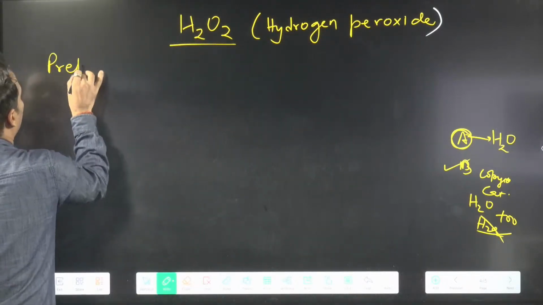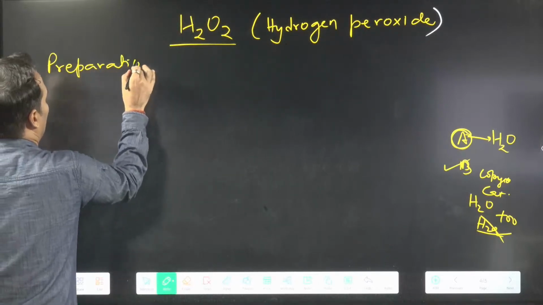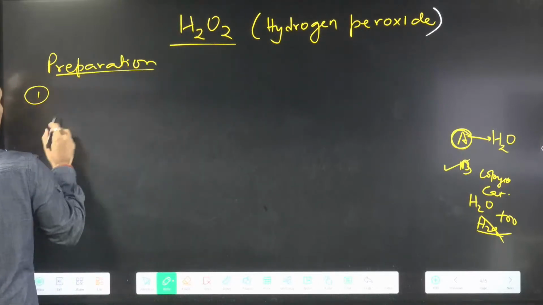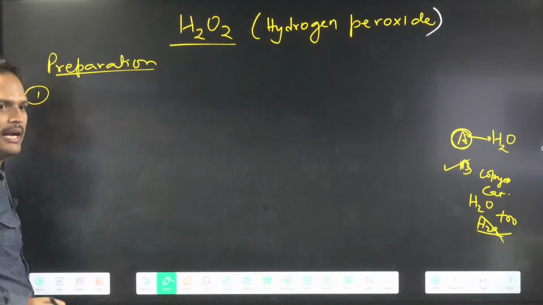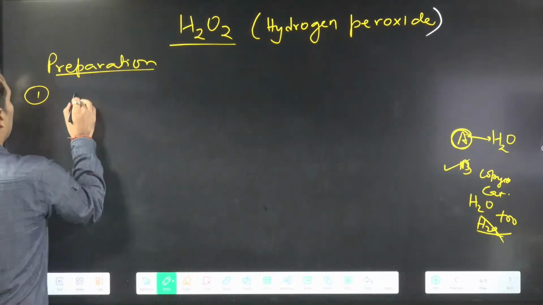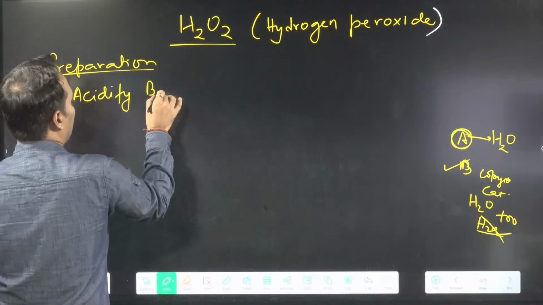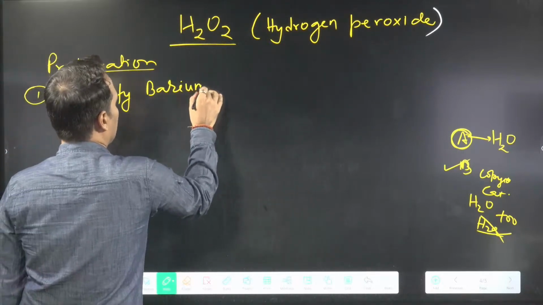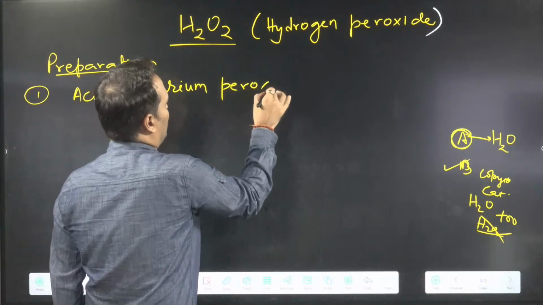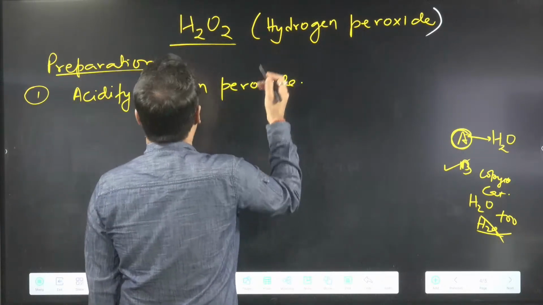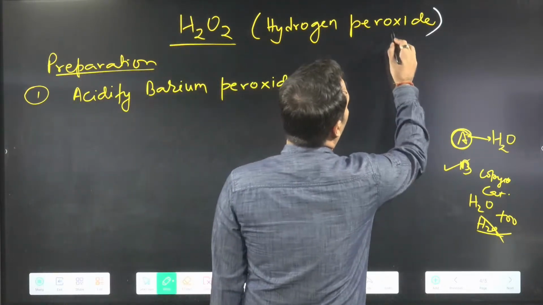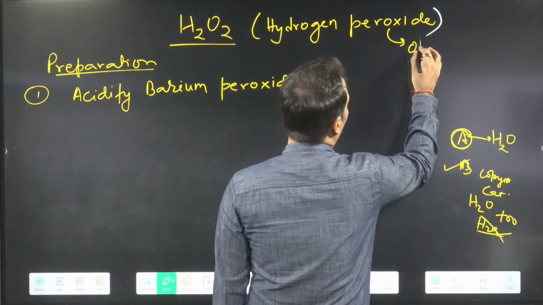Let's directly start with the preparation part, how we will make H2O2. So the first thing they are writing is that you acidify barium peroxide. You know what the formula of peroxide is? Peroxide is O2 2 minus.